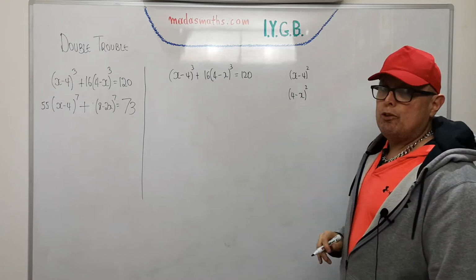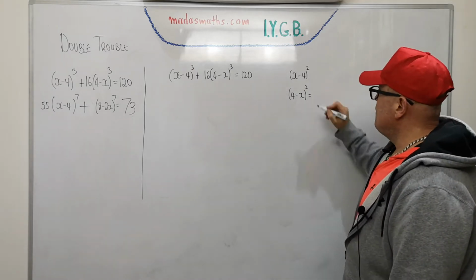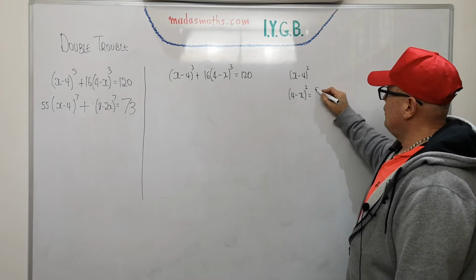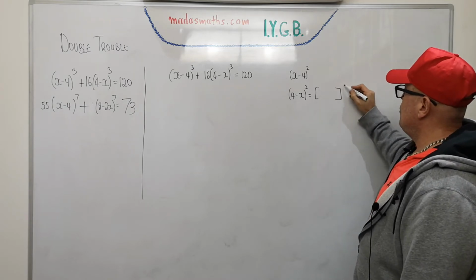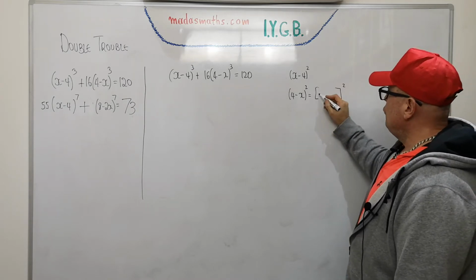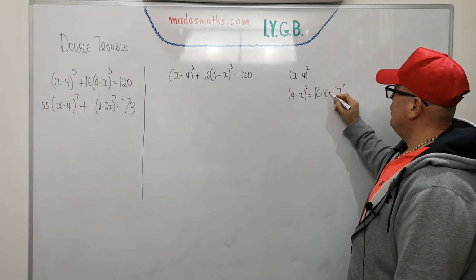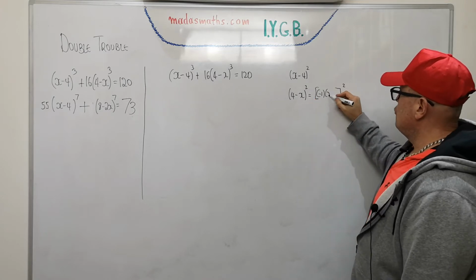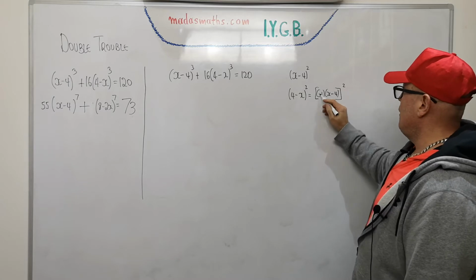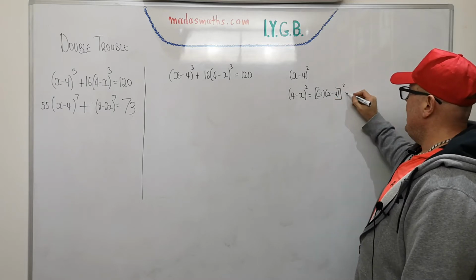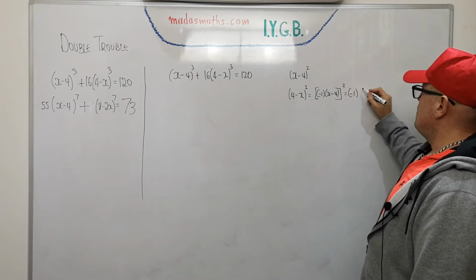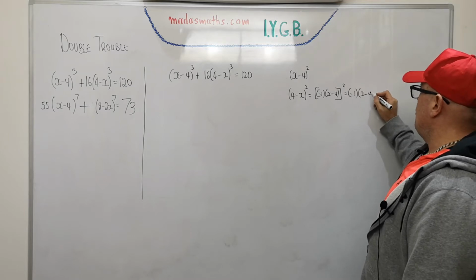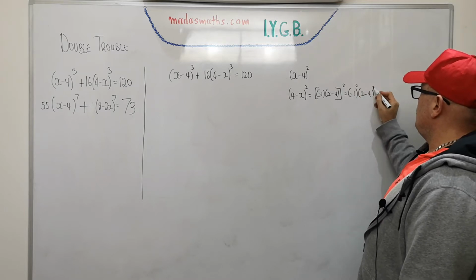I can expand both of these very easily, but I'm going to do it in a very bizarre way. I'm going to factorize inside a big square bracket a minus 1, and swap this into an x minus 4. This is exactly the same: there's your minus x, there's your plus 4. And then I'm going to split it into a minus 1 and an x minus 4, all squared.